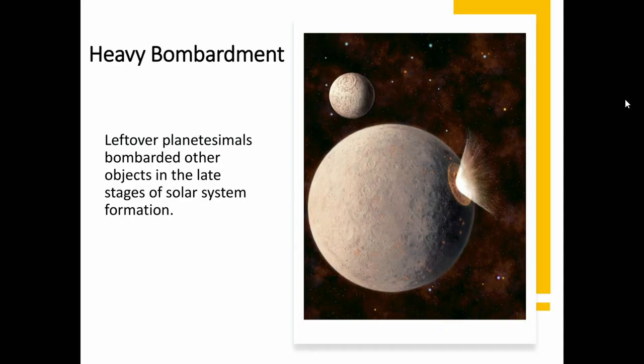If we are thinking of the time where the sun is now turned on, doing its nuclear reactions, and has blown all of the leftover gas out of the solar system, there still might be planetesimals hanging around that can hit the planets that have formed. So the late stages of the formation of the solar system are a time when some very large collisions can still happen.